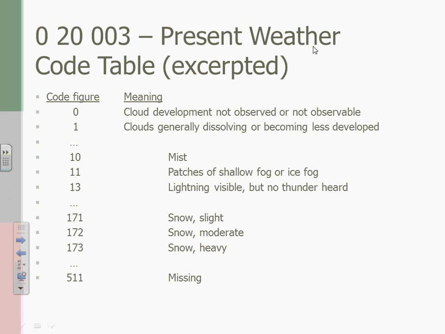It's a complicated one, but there is a code table named 020 003, and you see these code figures. So if the data has number 0, then this means cloud development not observed or not observable, something like that. So each code figure has its meaning, and you will know the meaning from the code table.